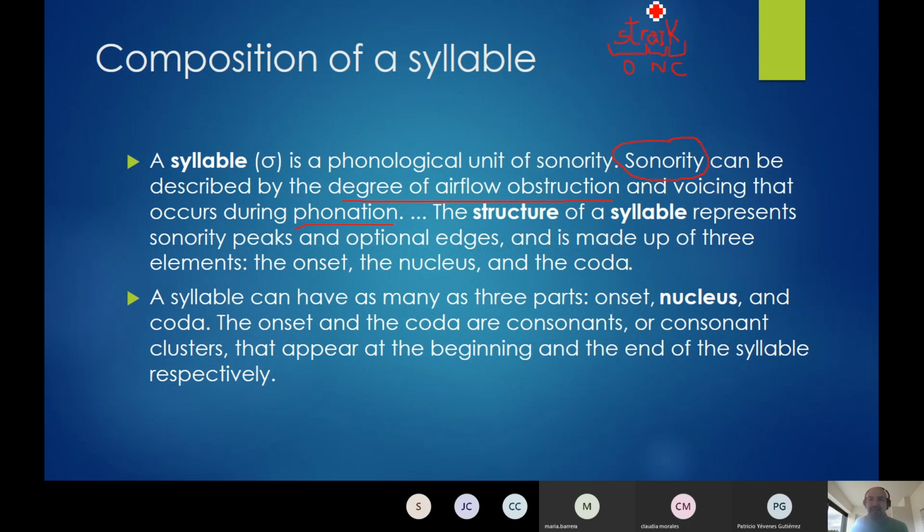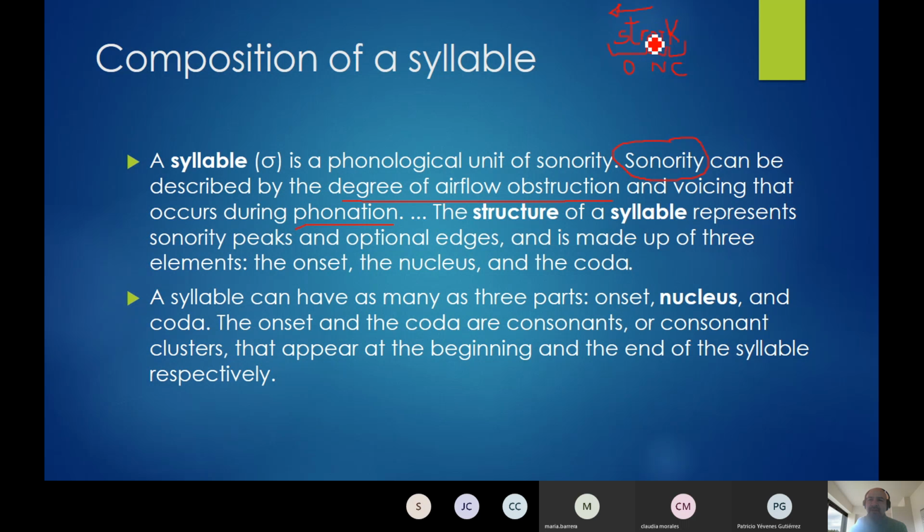And there are some theories in connection to how a syllable is composed, but in general, one of the theories implies that the nucleus is the most sonorant sound of the syllable. It is the one that contains more airflow, right? The one in which more energy is used. And then the sounds going from right to left decrease in degree.